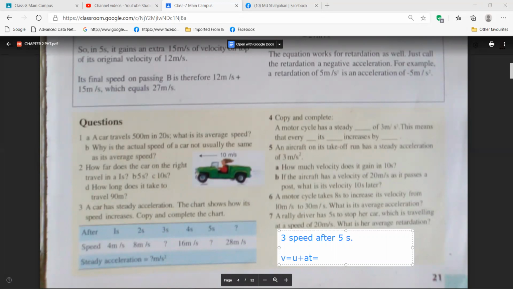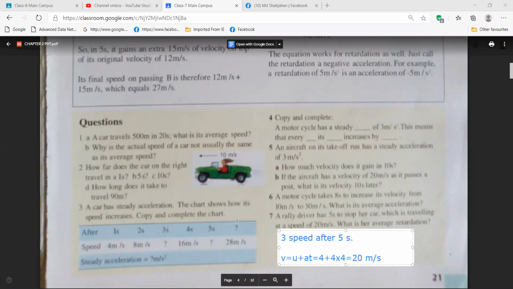U is 4 meter per second, right? Then 4 plus A is 4 also. Then T is 4. Then how much is it coming? 20. 20 meter per second. So those who couldn't do it, now you can check it. For the speed after 5 seconds, we got 20 meter per second.